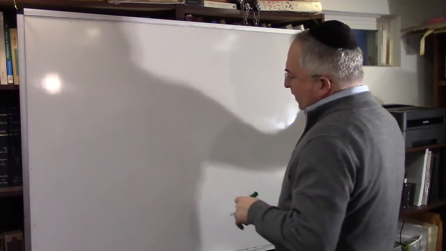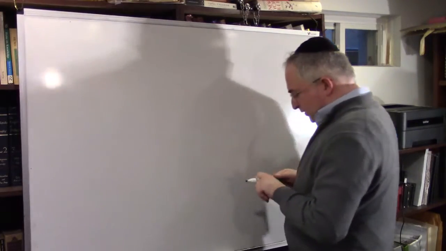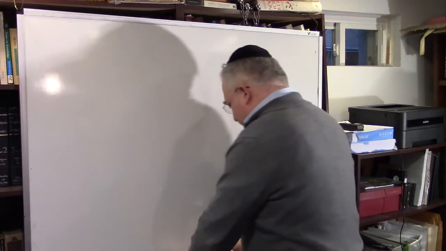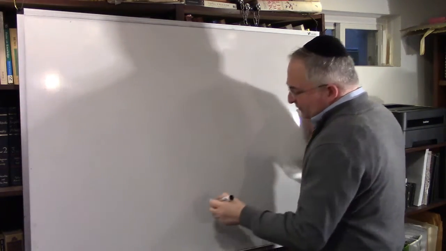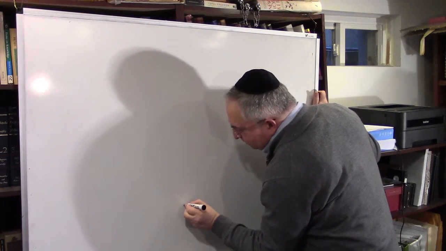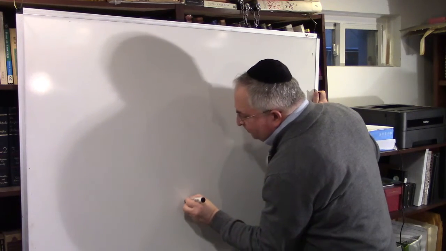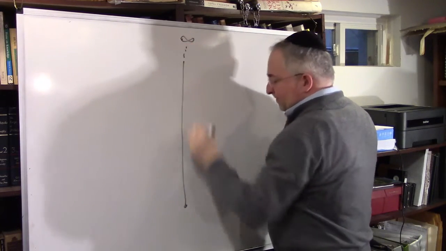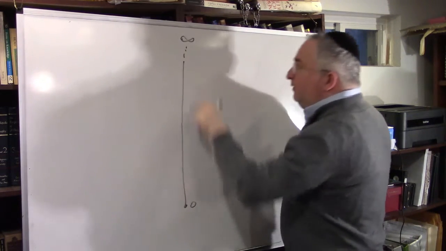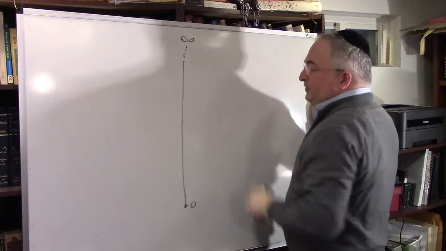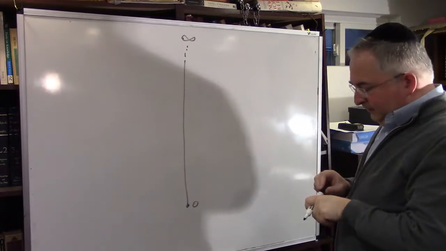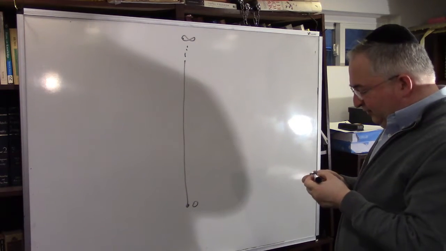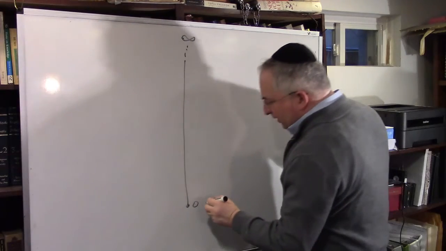Okay, and the idea is as follows. I need a black pen. And the idea is as follows. Here's 0, here's all the real numbers, here's infinity. Okay? And we have lots of different ways of breaking this up.